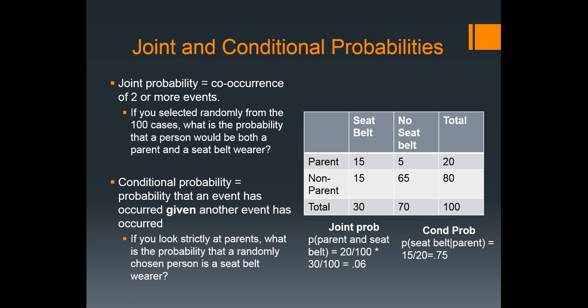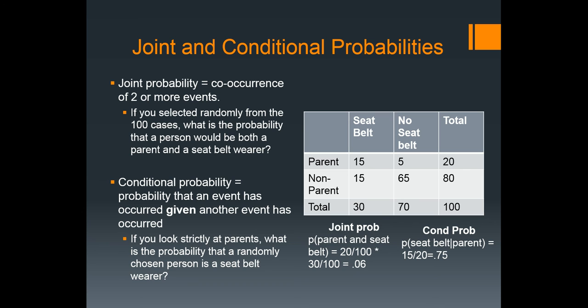If we want the joint probability, and if they're independent, which they're not, but let's just pretend they are, we would take the probability of being a parent, which in this data set is 20 out of 100, and the probability of being a seatbelt wearer, which in this data set is 30 out of 100, and we would find that the probability of randomly selecting someone who is both of those things in this data set is 0.06. That's if those things are independent, which they're not. We've already acknowledged they're not independent.